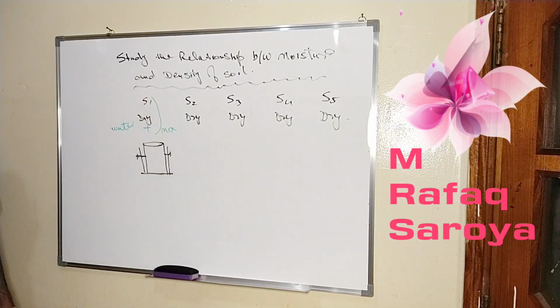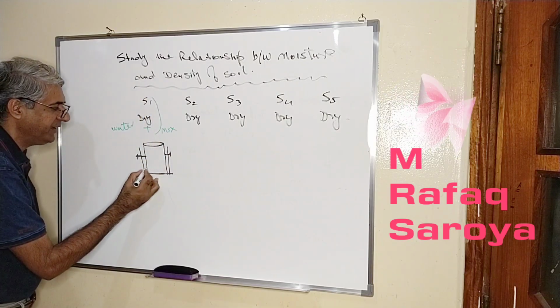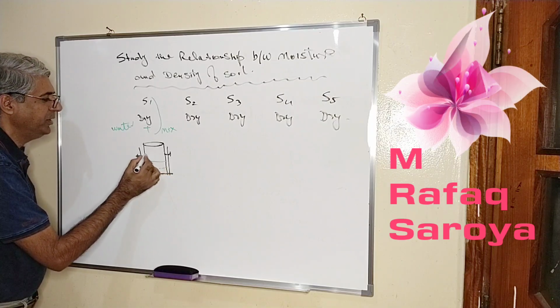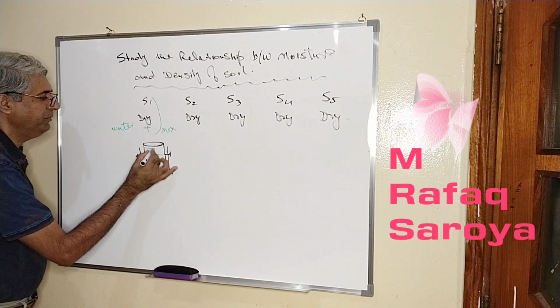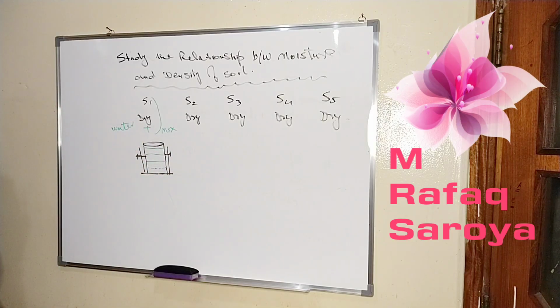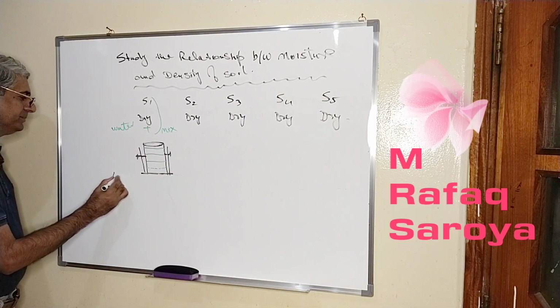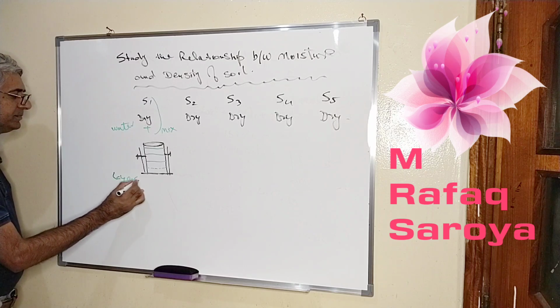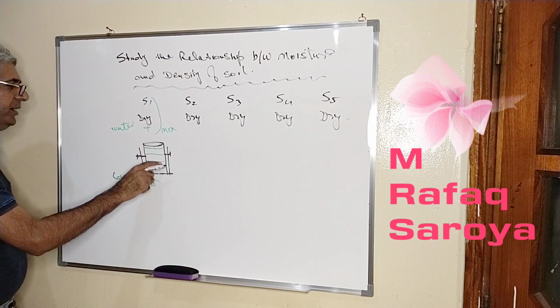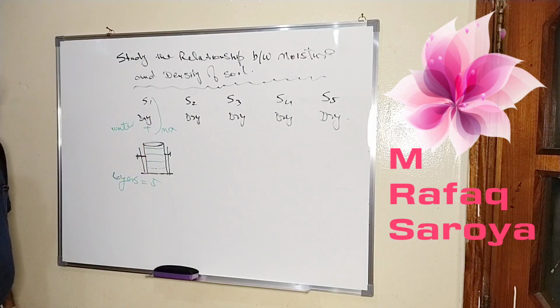What will we do? We will place one layer. We will place a second layer. We will place a third layer. We will place a fourth layer and up to the top, 5 layers. How many layers? 5, which I have shown over here. Layer number 1, 2, 3, 4 and 5.